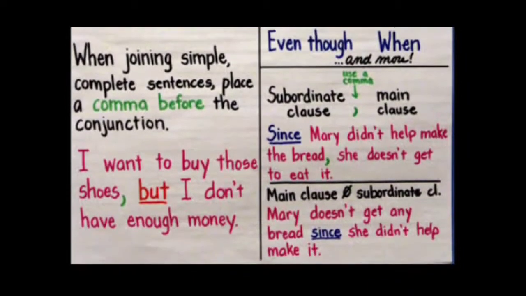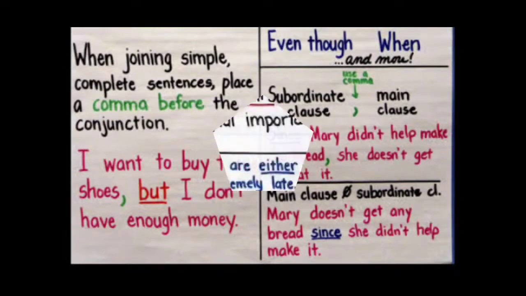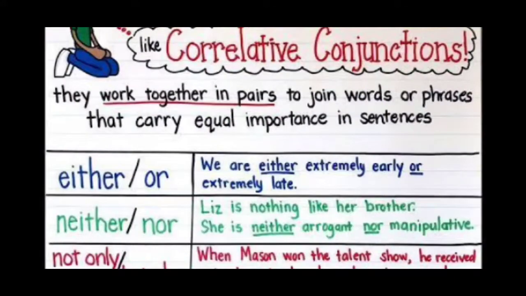We need to use it before the independent clause in the compound sentence. In a complex sentence, it goes in front of the main clause. Okay, children, that is in front of the independent clause. Children, as I already told you, another type of conjunction is the correlative conjunction.